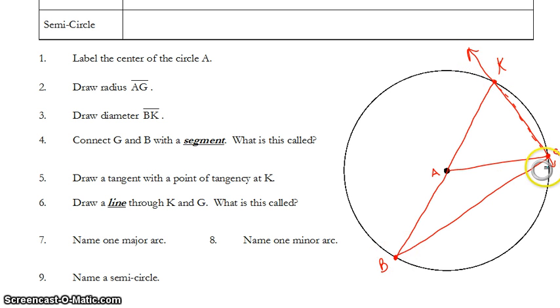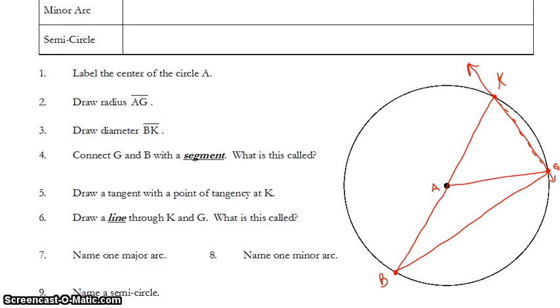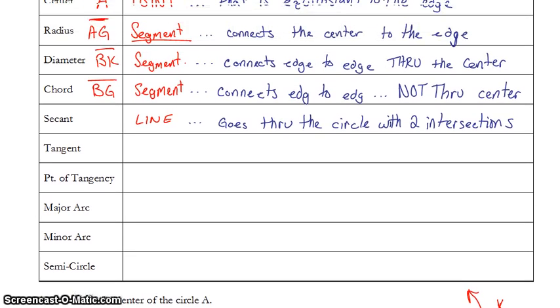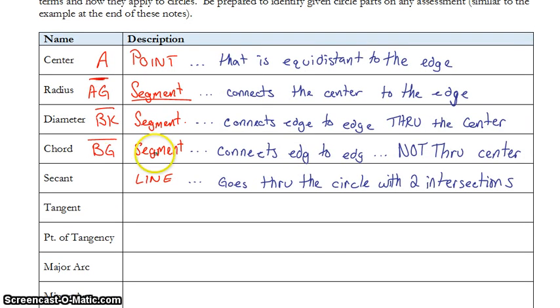So segment BG is a chord, but the line that went all the way through would be a secant. The only distinction between a chord and a secant is segment versus line. So here I could say that this line we just drew, KG, is a secant.